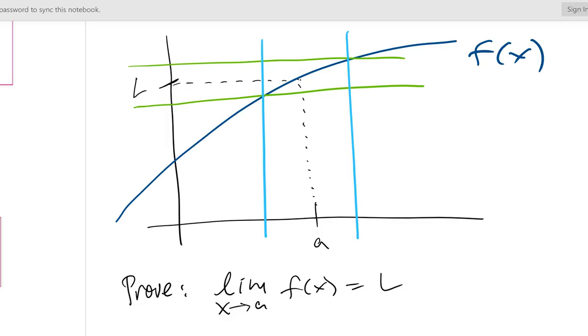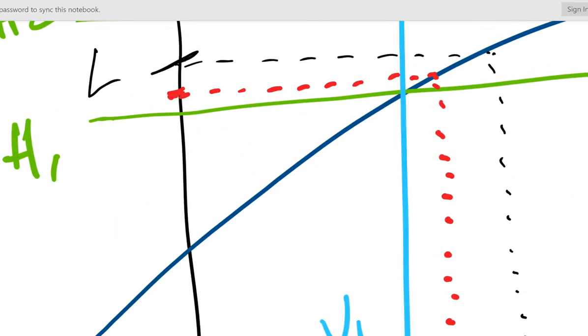Once again, the limit as x goes to a of f of x is L means that if you pick any two horizontal lines, h1 and h2, they correspond to vertical lines, call these v1 and v2, such that if you pick an x value in between v1 and v2, the corresponding f of x value lands between h1 and h2.